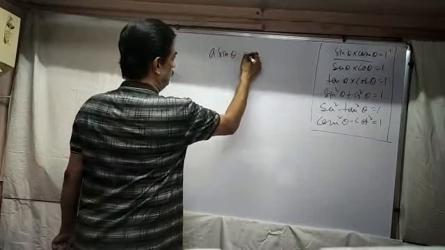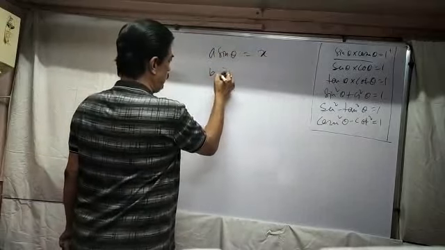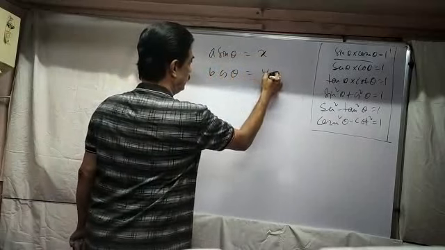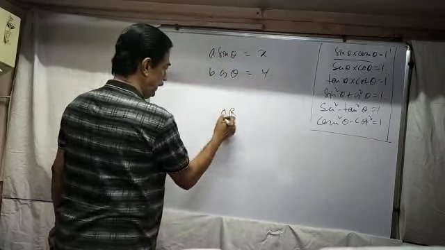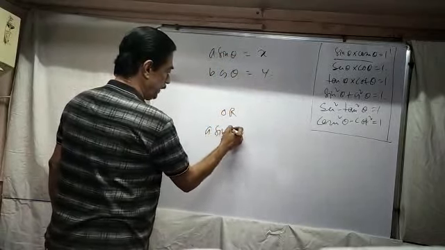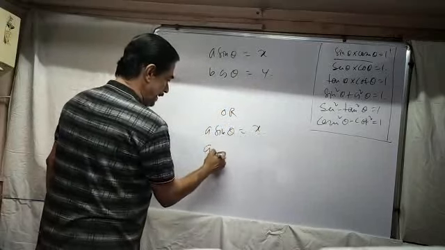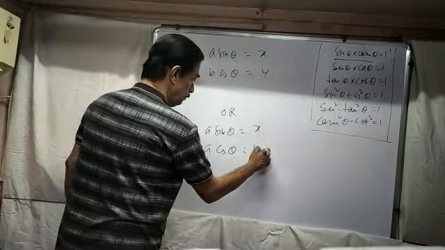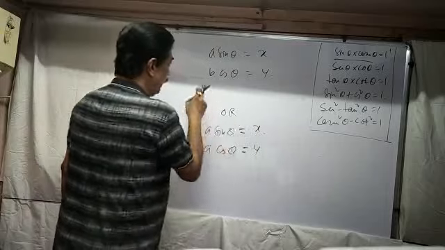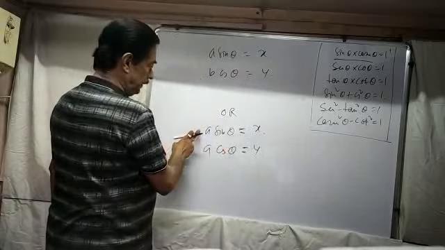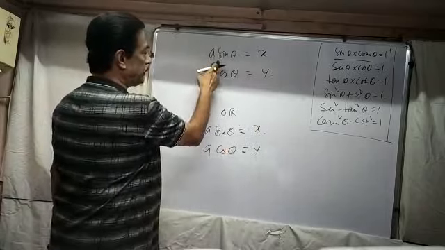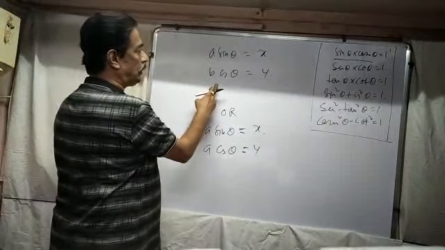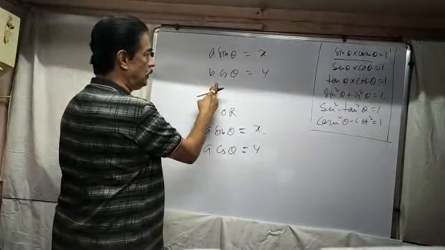A sin theta equal to x, b cos theta equal to y, or a sin theta equal to x, a cos theta equal to y. Be careful, in the first case the coefficients are different, and in the second they are the same. If the coefficients are different, you have to find sin square theta plus cos square theta, then you can write 1.